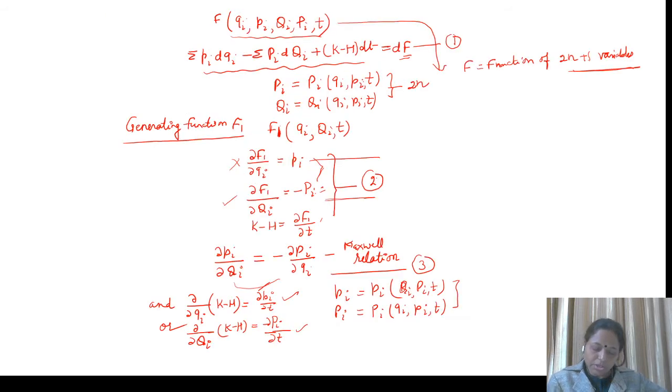I'll use this relation for 1. In 1, this is now your f1, because we have introduced this f1 from here.